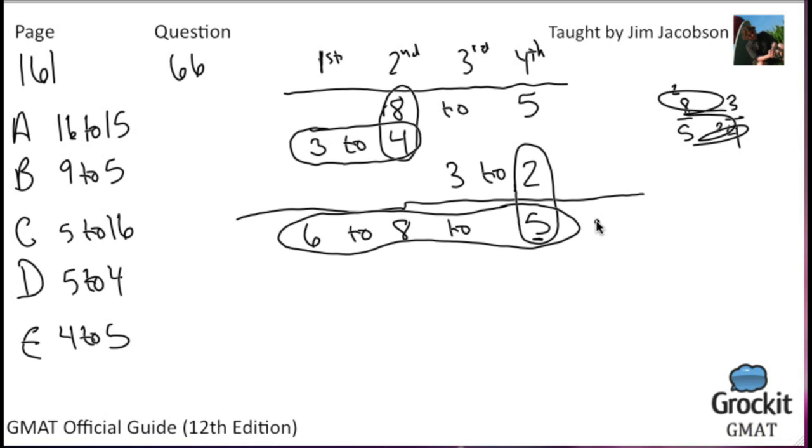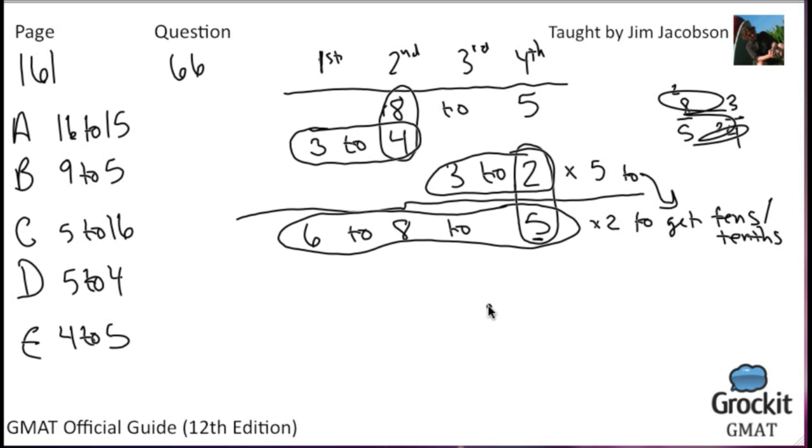So these have to be times 2 to get tens, or tenths, however you want to think about it. And then these have to be multiplied times 5, so that the number of fourth graders here will be expressed as tens as well. So these have to be times 5 to do the same thing.